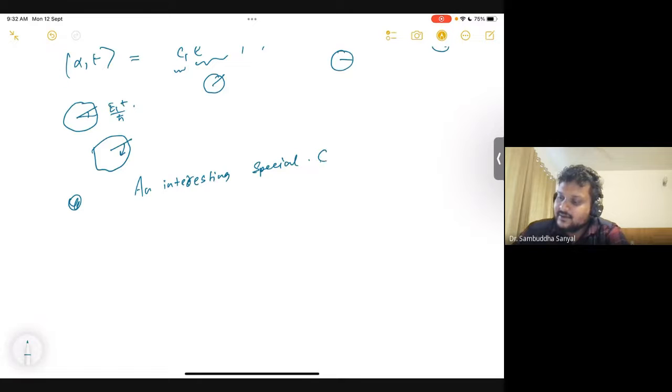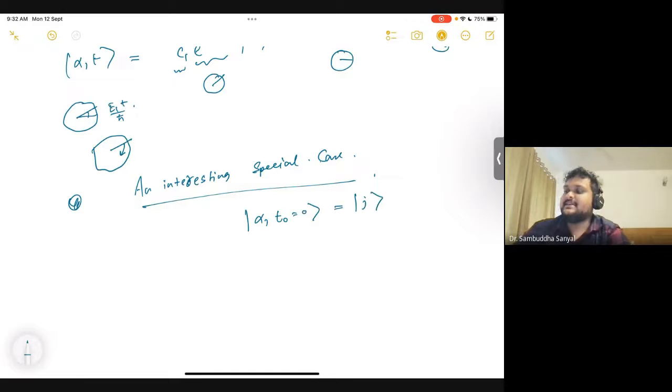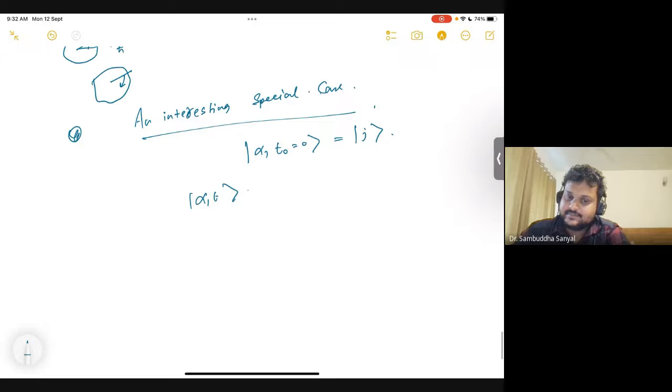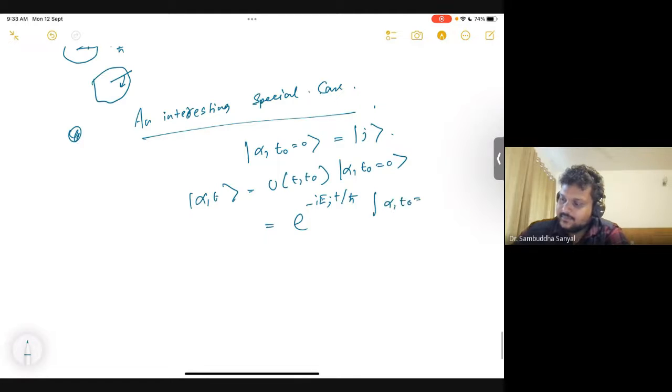The special case is already obvious from what I did: if your alpha at t naught is an eigenstate of the Hamiltonian, an energy eigenstate, then what will be alpha at t? It will be just this, because this is nothing but J. Or in other words, you can think of this for any operator which commutes with the Hamiltonian.